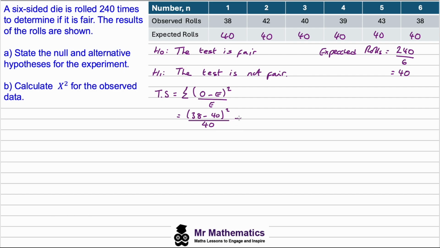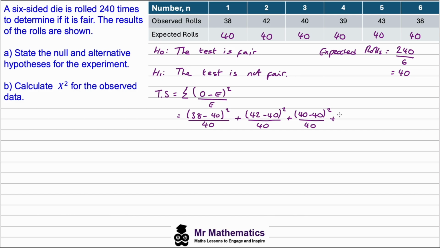And then we add this to when n is 2, the second number. We've got our observed as 42 minus the expected, squared, divided by the 40. We'll do the same for when n is 3.